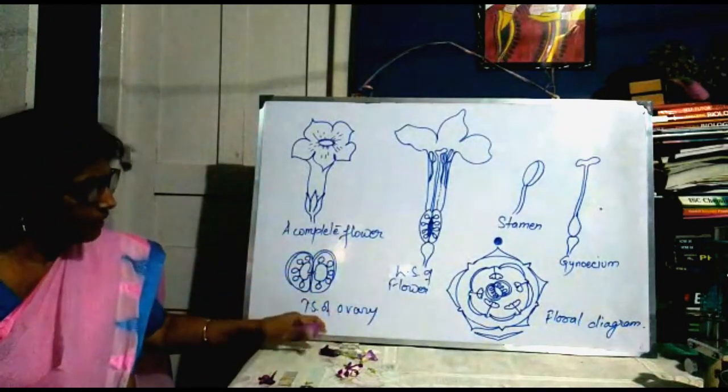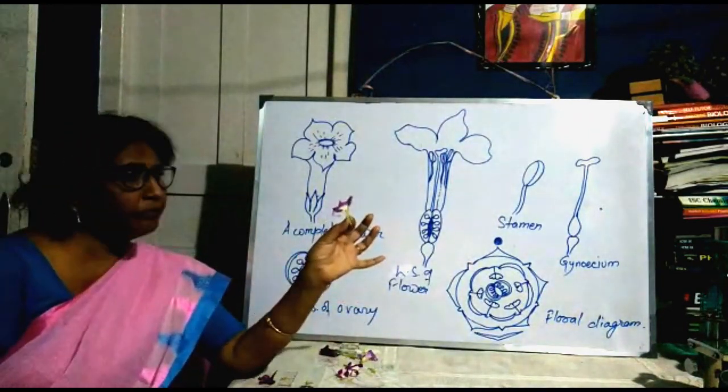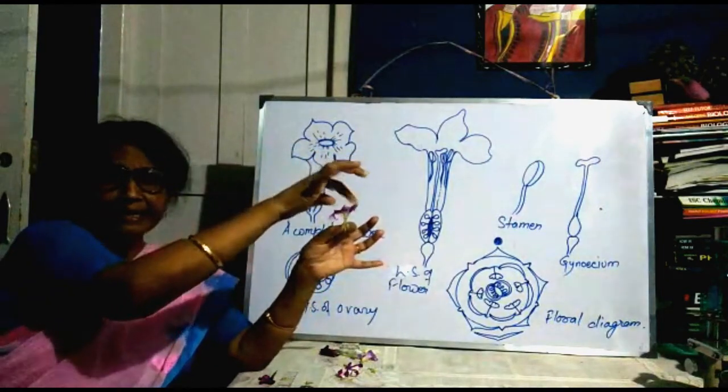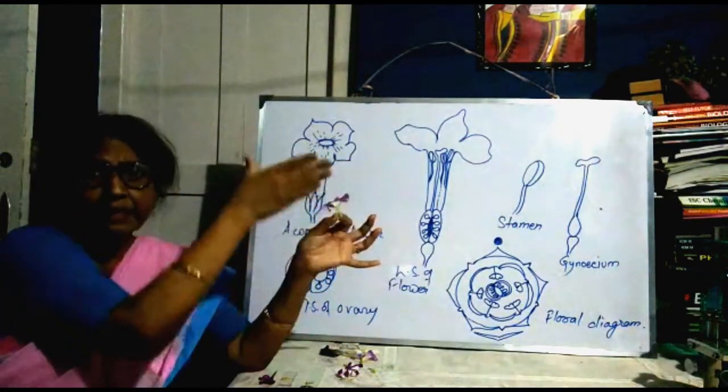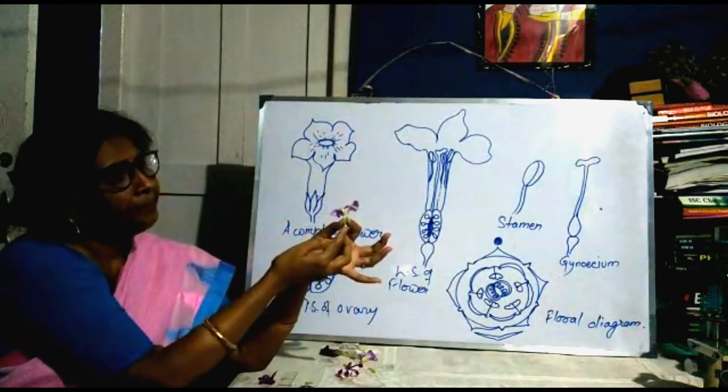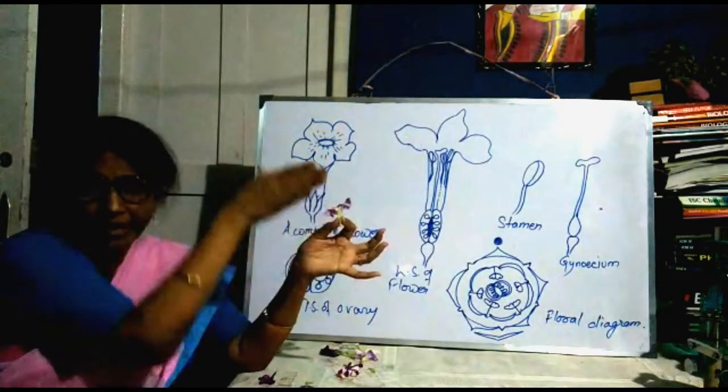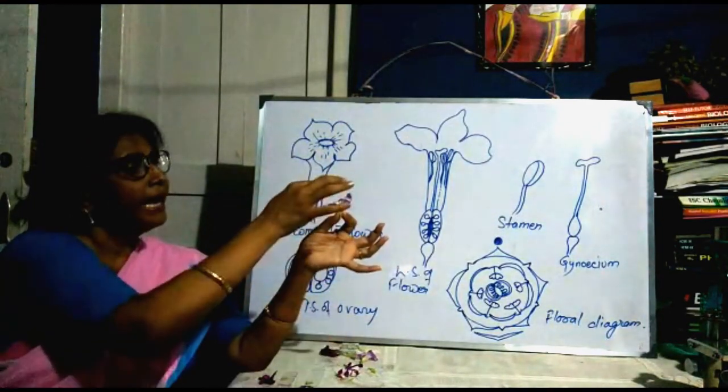So you will get the LS of the flower with 3 petals, 3 stamens, gynoecium, pedicel, and ovary in LS.